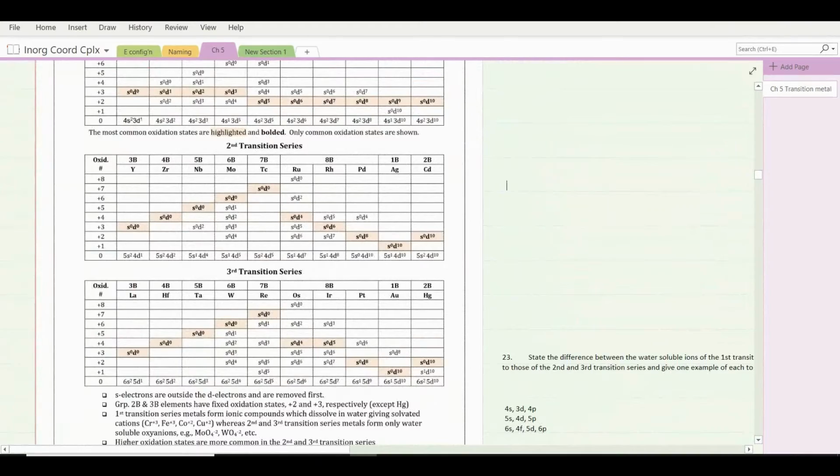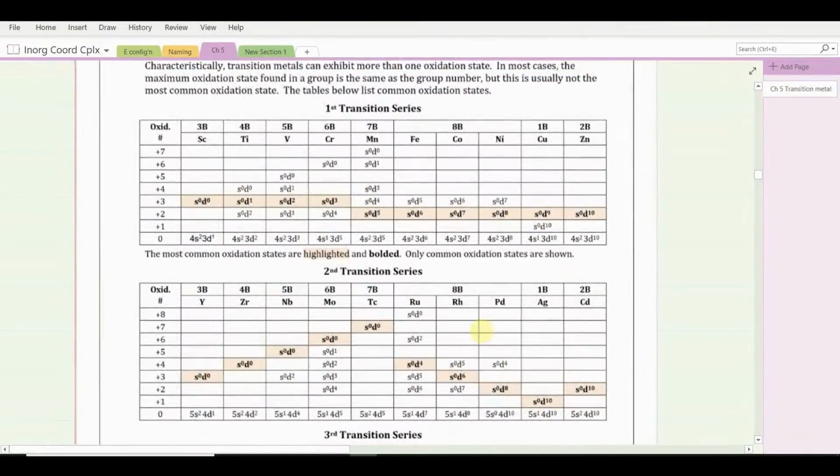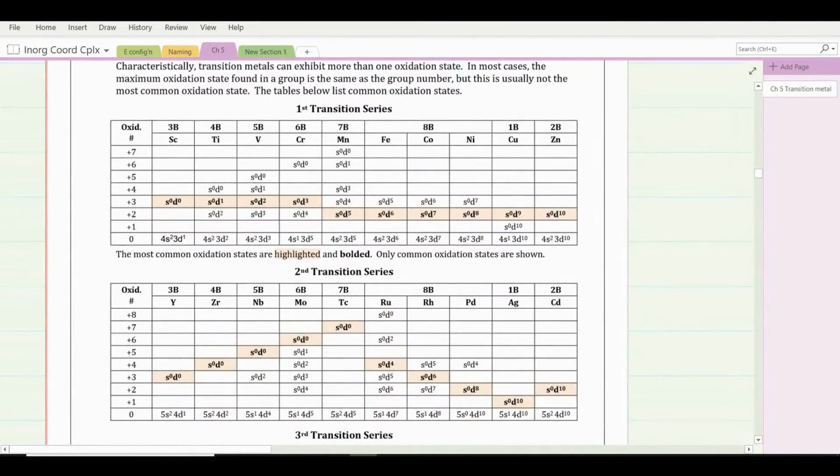Other than those, we see that most of the transition metals have multiple oxidation states. The highlighted values are the most stable, or at least the most common, oxidation states of the transition metals. Notice the group numbers. We described this previously.